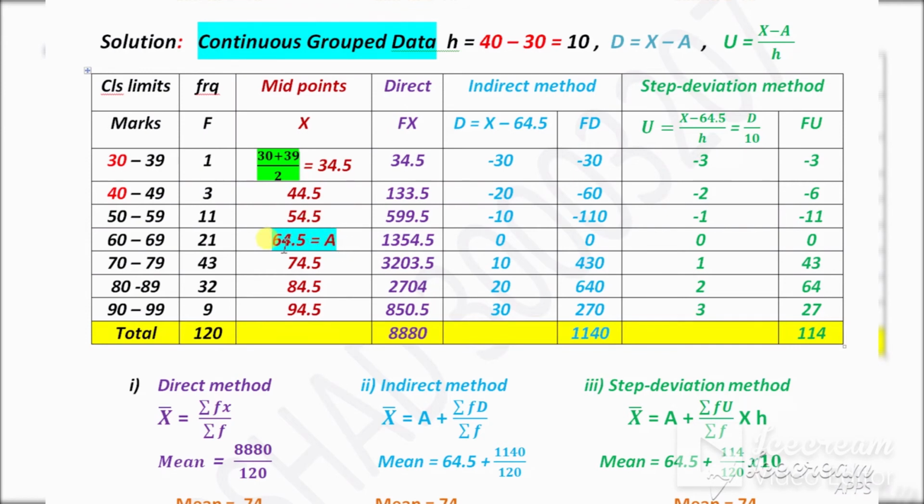So I did here 64.5 is equal to a. So subtract this a or this number from each x number. So right here x minus 64.5.